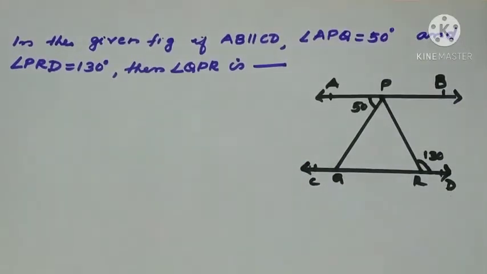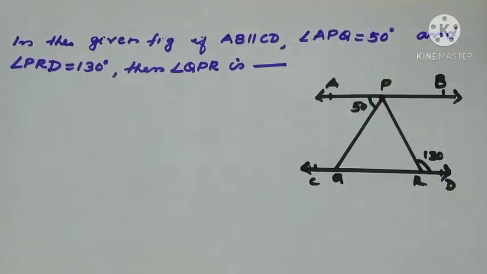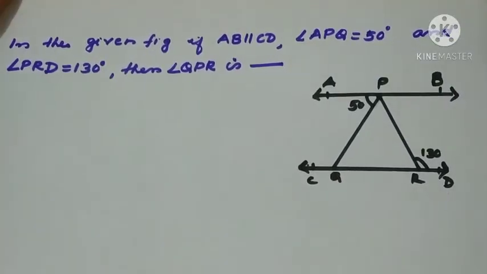In the given figure, AB parallel to CD, angle APQ equal to 50 degree and angle PRD equal to 130 degree. Then find what is the value of angle QPR. So angle QPR we should find.